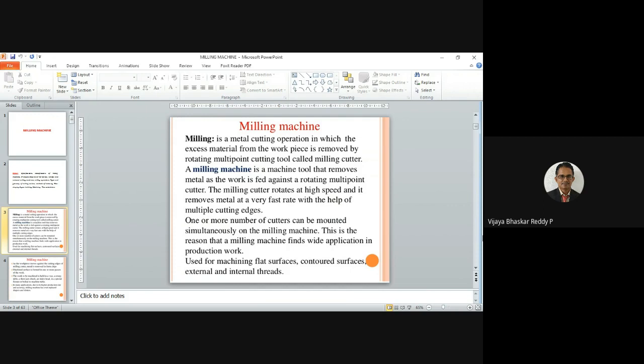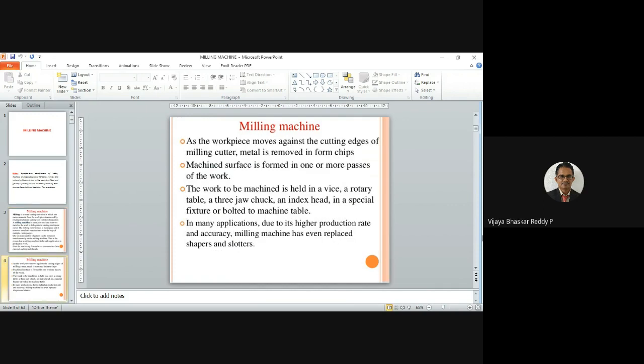One or more cutters can be mounted simultaneously, for example when you have a flat surface and want to generate two or three parallel slots. This is the reason the milling machine finds wide application in production work. It is used for machining flat surfaces, contoured surfaces, and external and internal threads, which we can also obtain by the milling machine, right?